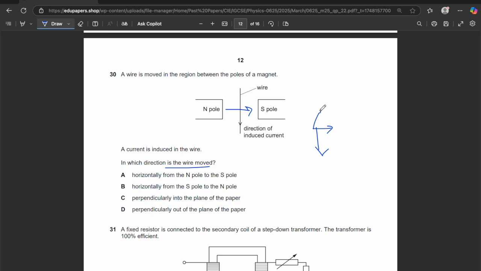So it'll be kind of like into the page. So it'll be C.